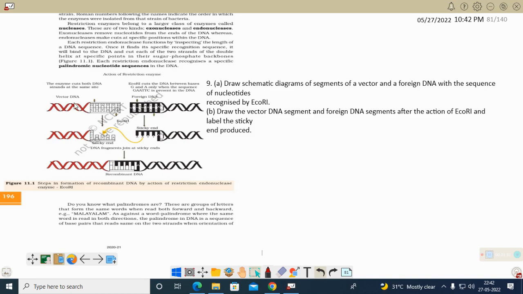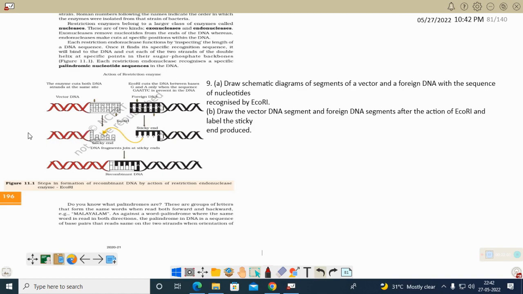For the vector DNA, they have shown the GAATTC recognition sequence. Now, when it is cut with EcoRI, the recognition sequence is GAATTC, and it will cut in between G and A, as we know. So between G and A you have to show a cut, and here also you have to show a cut, and put a zigzag-like structure here in such a way that we can understand it is going to get separated.